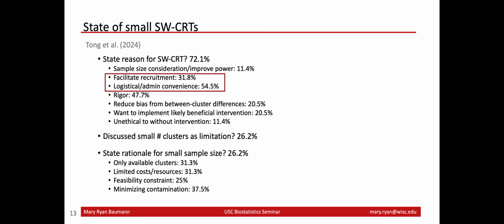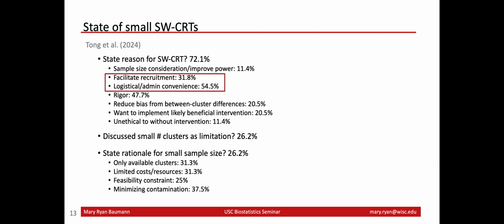As someone that works a lot in learning health systems and pragmatic trial spaces, this actually wasn't very surprising to me, because a lot of times we will have studies where a system wants to roll out an intervention, something is going to happen anyway, but the hospital leadership feel very strongly that they want to document the effect of that change and improve the rigor of the actual justification for why we are doing this change. What did it actually do to our system? So that's the explanation of the rigor part.